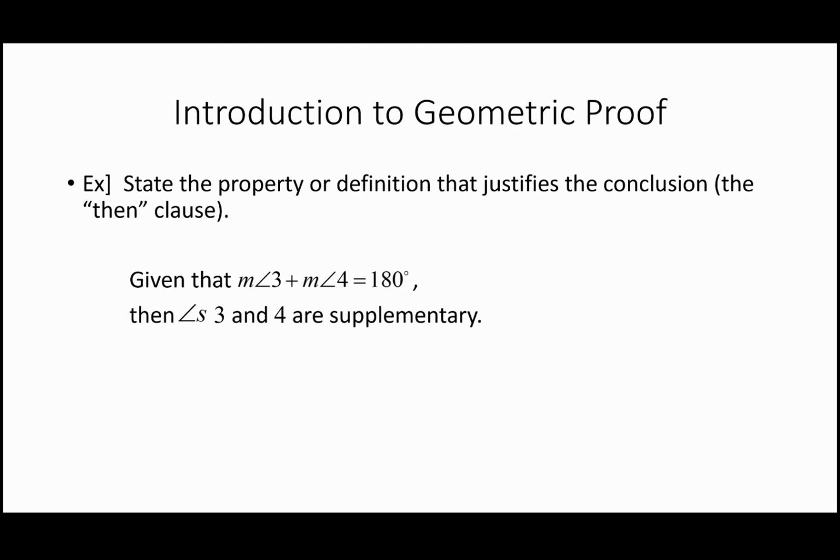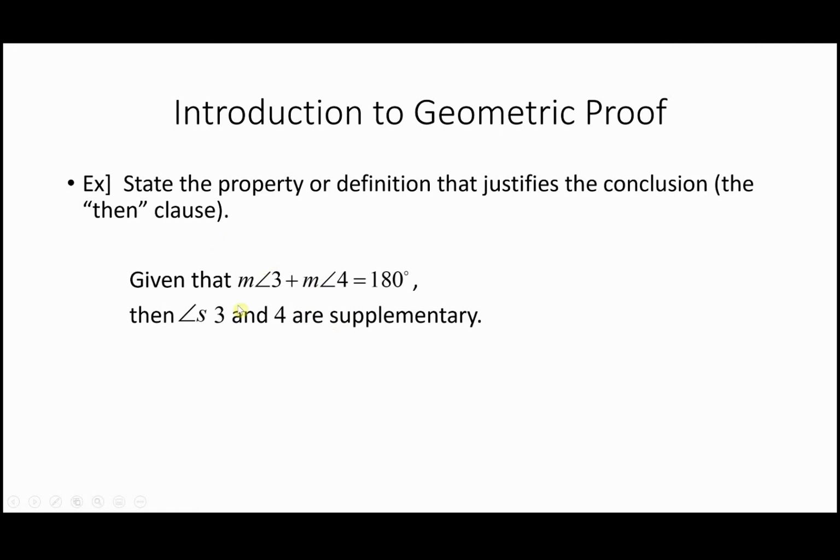For this next exercise, it's kind of so easy it's hard, and I wanted to make sure that you understood what the purpose of this next exercise is. The instructions are to state the property or definition that justifies the conclusion, the then clause, right? They specify this in case you didn't know where the conclusion is in a conditional statement.